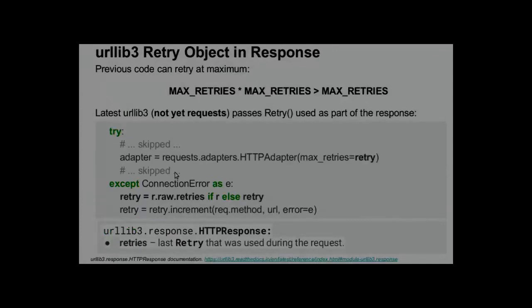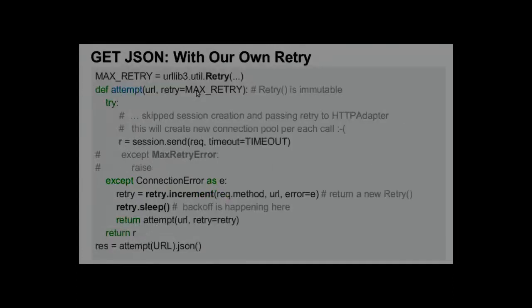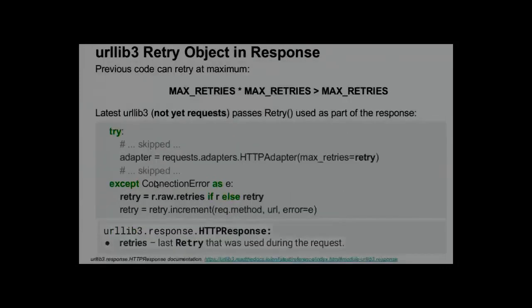And if you do it like this, we have one small problem, because if a retry happens inside the library here, then it will retry one more time. If it happens here, then we retry it. And it appears that at maximum we now can have max retries multiplied by max retries. This is because some retries are handled by the library, some are not.